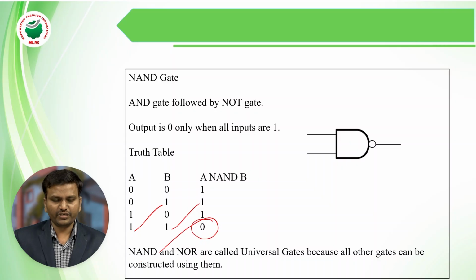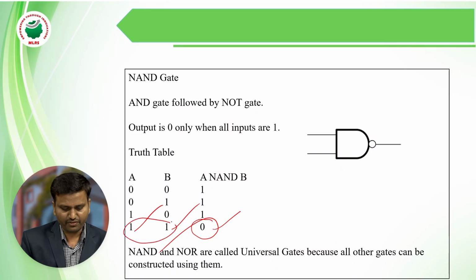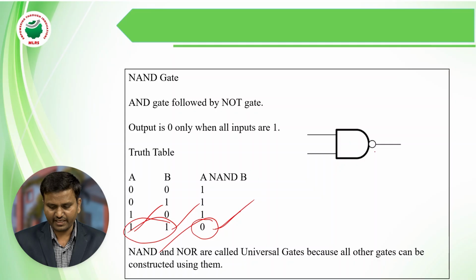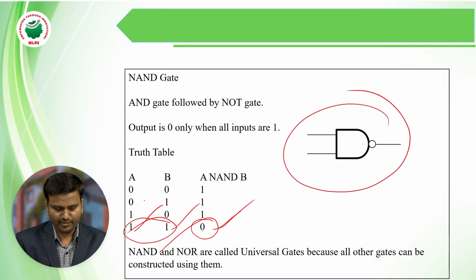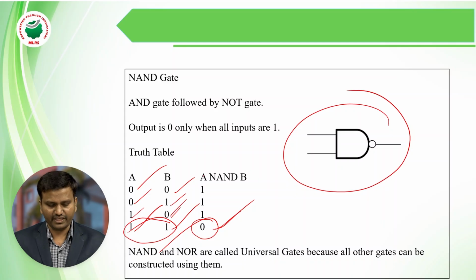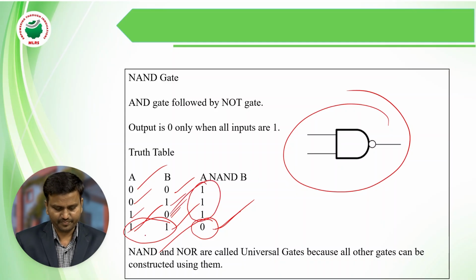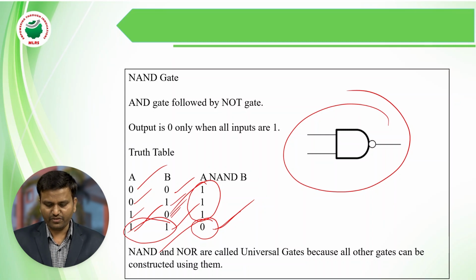When A is 0 and B is 0, the output is 1. The major difference we have to observe here is that when two ones are there, the output will be 0. The gate will be represented here, and in the remaining states the output is 1. NAND and NOR gates are called universal gates, because all other gates can be constructed using them.